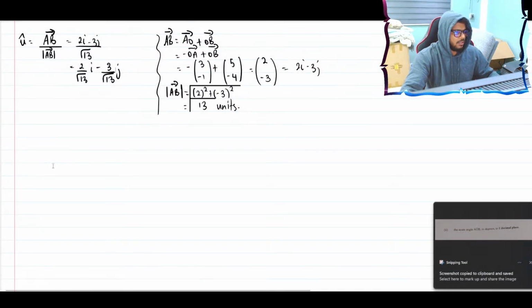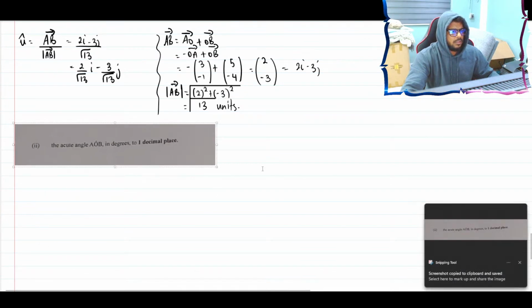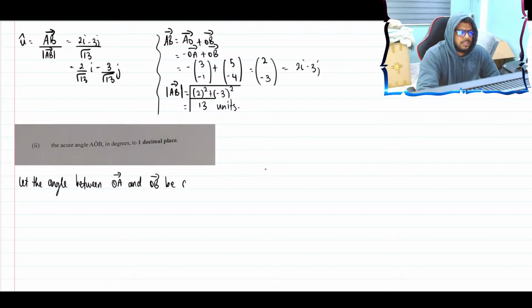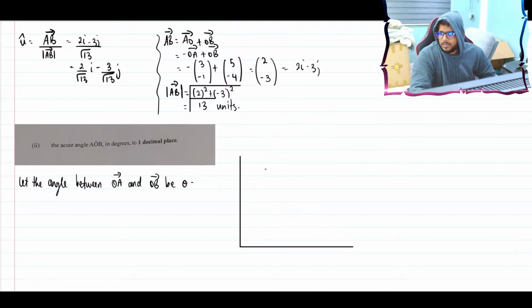The acute angle AOB in degrees to 1 decimal place. So let the angle between OA and OB be theta. Now, a little sketch will always be helpful here.